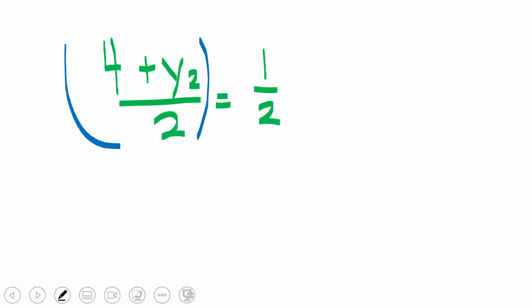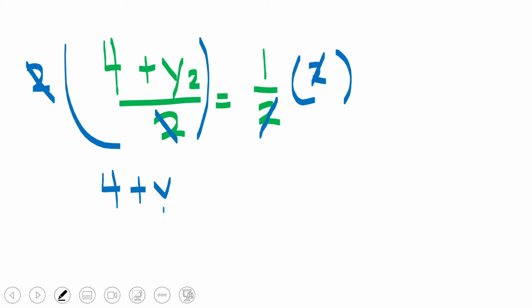Multiply by 2 on both sides to get rid of the denominator, and 1/2 times 2 on the other side would be 1. Now we will have 4 + y subscript 2 = 1.